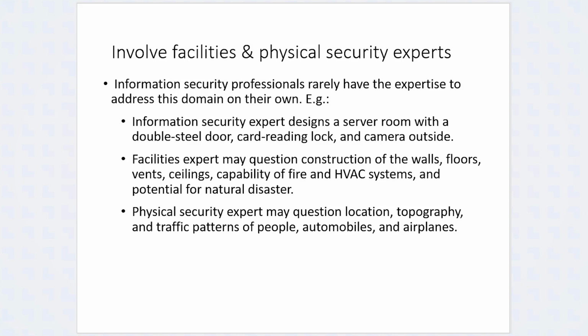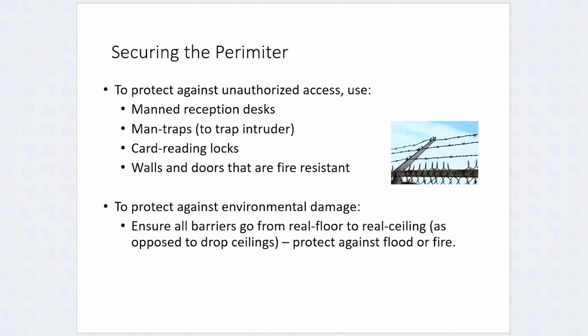The perimeter of a building is usually going to be secured against unauthorized access. Now at the university, it's pretty porous. It's open to the public. Cars coming in and out for the most part.